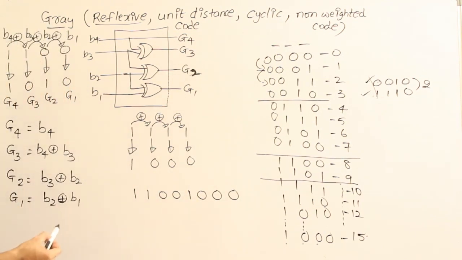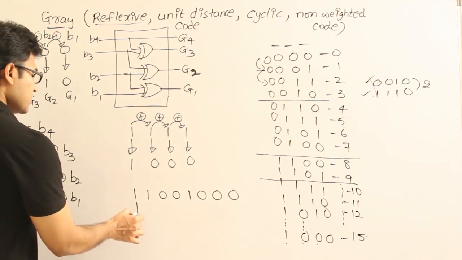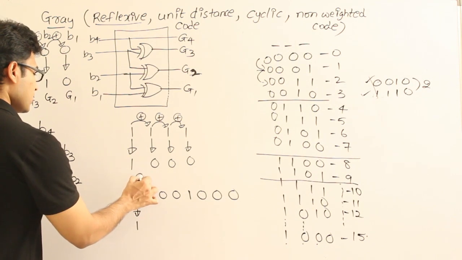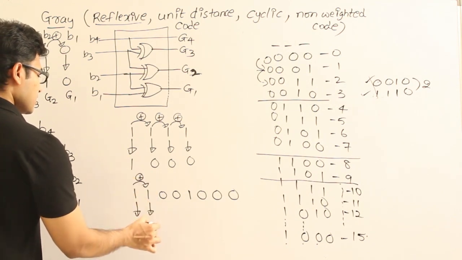Now I want to convert this 200 into gray. How can I convert it? Take the MSB, write it as it is, and then take the exclusive OR of the next two and find it. The exclusive OR of these two is 0.